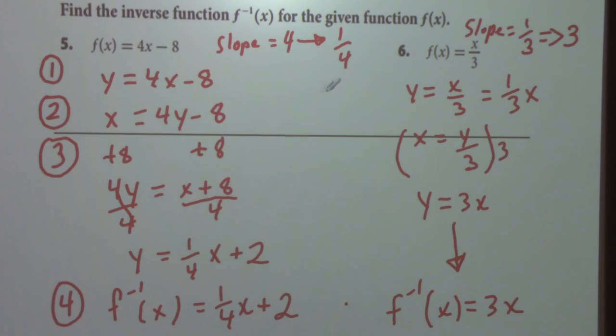So what do we call the relation between these numbers here? Yeah, reciprocal. So 1/4 and 4, and 1/3 and 3, we call these things reciprocal pairs.